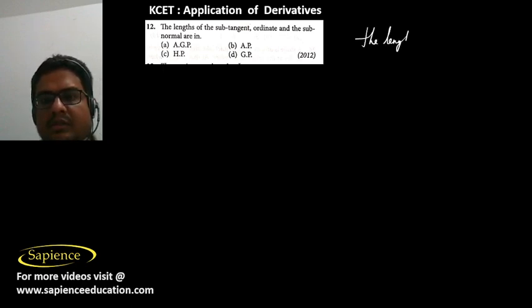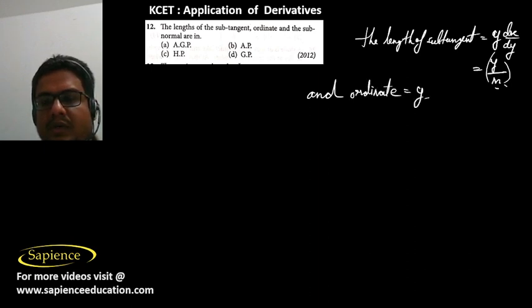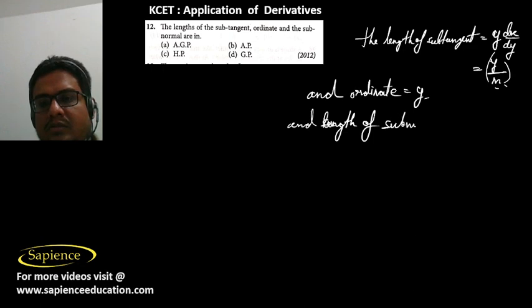Length of the subtangent is y dx by dy, and the ordinate is y. The subnormal is given as y dy by dx.